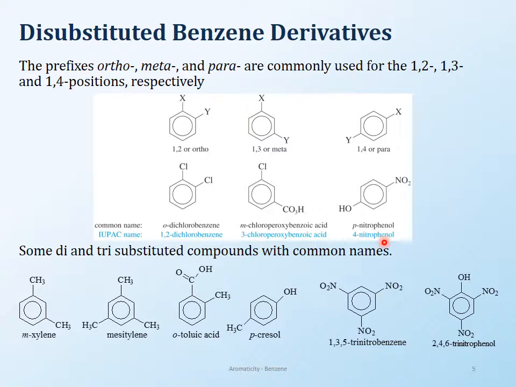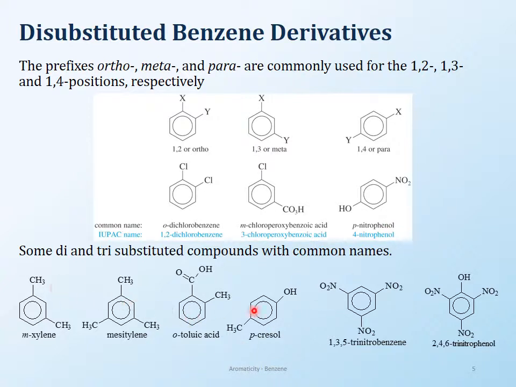It's kind of redundant to call this 1-hydroxy-4-nitrobenzene. That is not something that you would do for disubstituted benzene. It is much better to give it a name if the benzene derivative has a name, like phenol. So don't try to be cute and don't go that way. Just keep it simple.